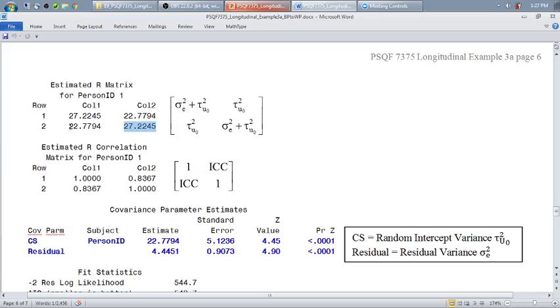We said that 22 of it was because of between-person mean differences that remain after controlling for group, whereas 27 minus 22, so here's the residual for that math there, 4.4 of it is because of remaining differences after controlling for time and group by time. So if we take this total 27 and we look at how much of that is because people just differ from each other and we don't know why, that's 84% of it.